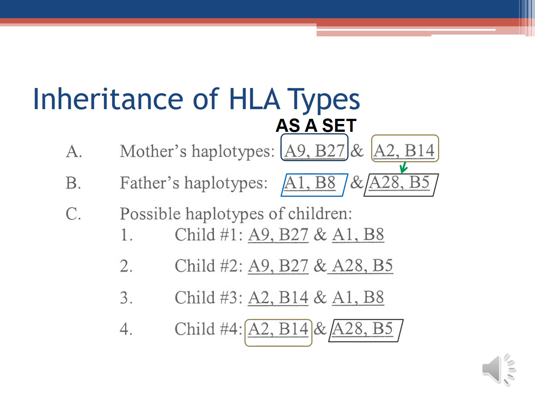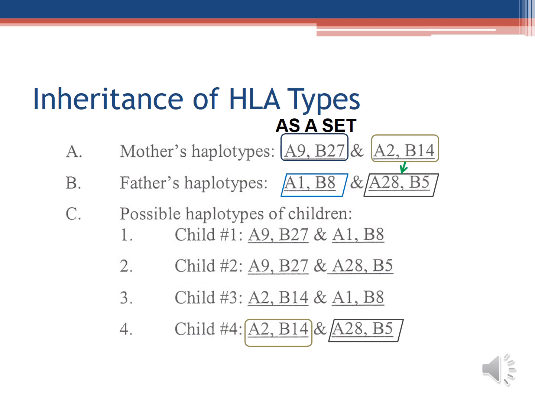So let's briefly look at this chart real quick. If we are doing phenotypes of our parents, we have our mother's haplotypes, and we're just doing HLA A and B types right now, just to simplify it. The mother's haplotypes would be A9 and B27.